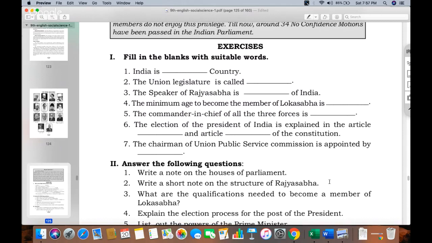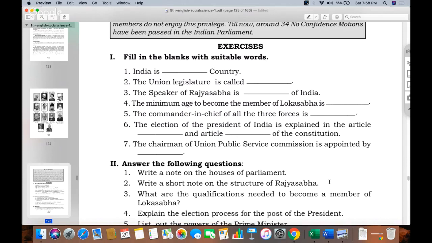The commander in chief of all three forces is president of India. It is 54 and 55. The two articles 54 and 55. The chairman of Union Public Service Commission is appointed by President of India. Question number 7 is President of India.